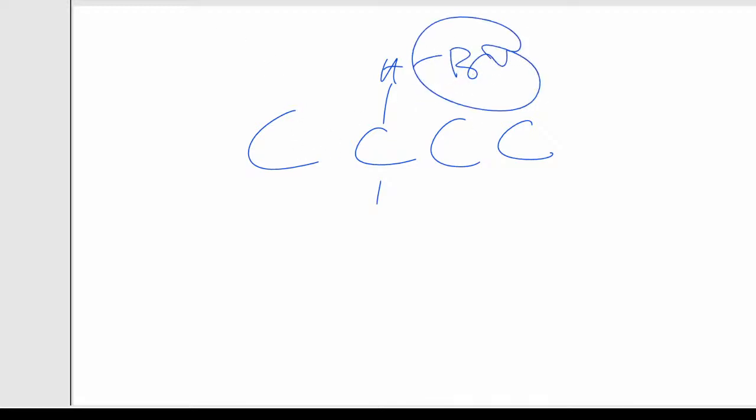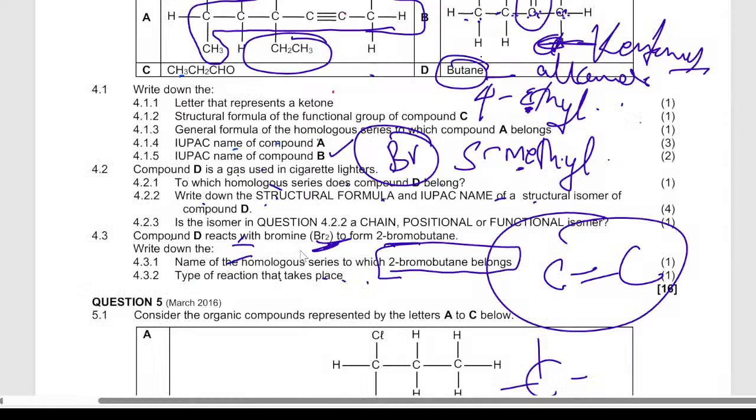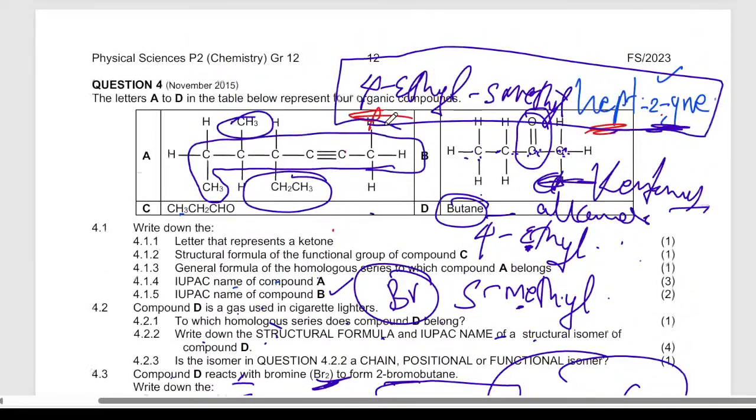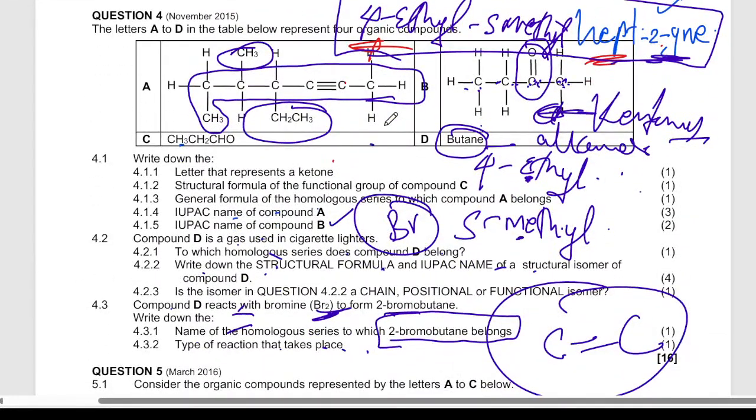So it's a substitution reaction. Okay, we are done with that question. For questions which come like this, you have to maximize the marks. You have to make sure that there is no way you can go without it.